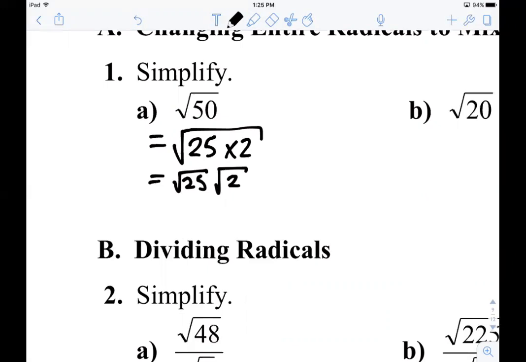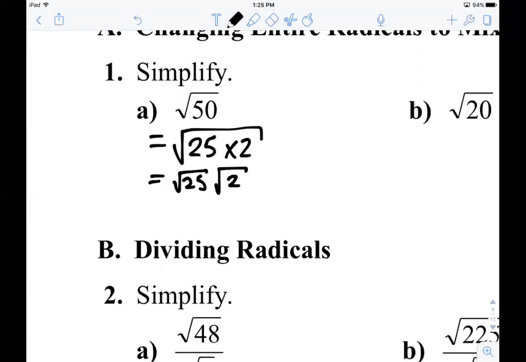And in fact, if you try and punch it in on your calculator, you'll see that it's just a weird, really messy looking decimal number. It's about 1.41 something, but then the decimals go on infinitely from there. So to write it in a nice exact form, we're going to leave the square root of 2 as literally the square root of 2 in its radical form. But square root of 25 is just 5.